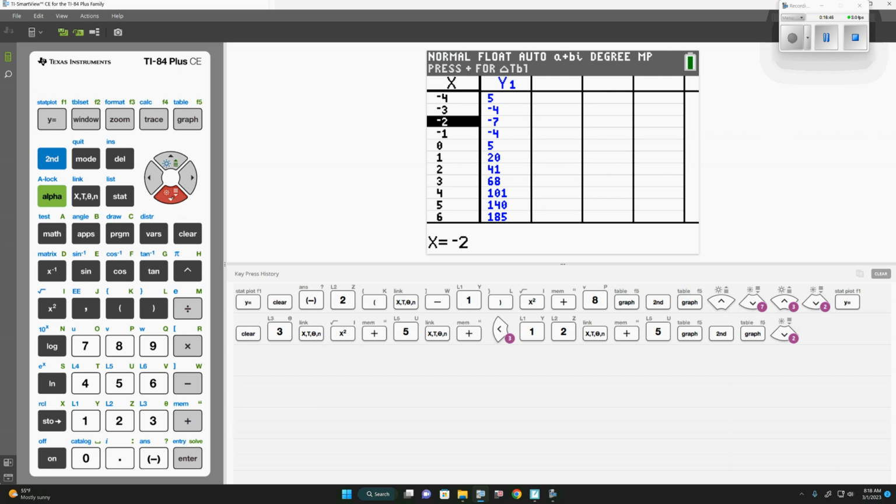And as I look at this here, at the very top, negative 4, 5, negative 3, negative 4, negative 2, negative 7, negative 1, negative 4, 0, 5. We have that mirror. And if I actually scroll up and we put this closer to the middle, go down one, we see that negative 2, negative 7, all the points after it, y values, are the exact same going up and down. So that would be our vertex, and we could go from there.